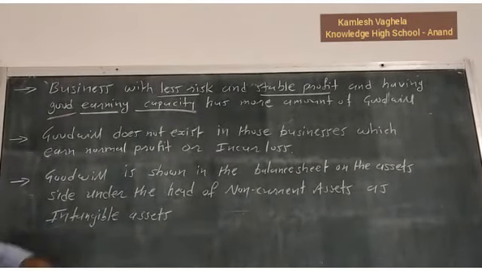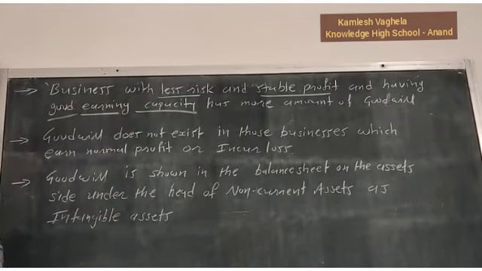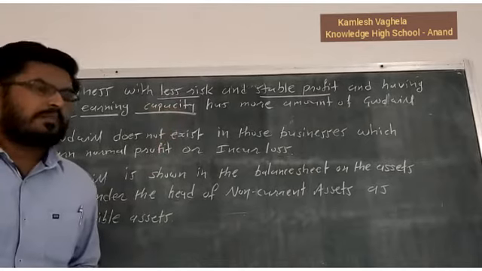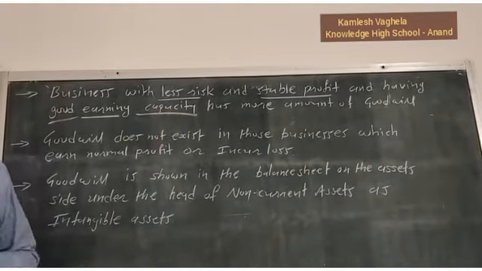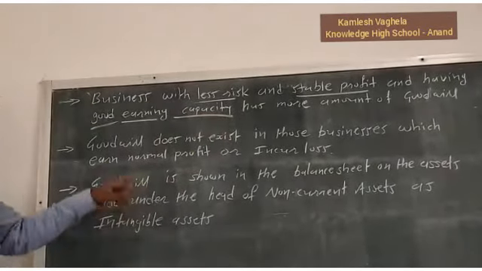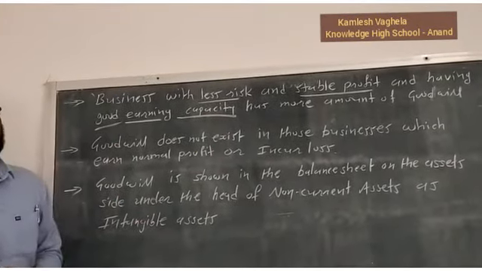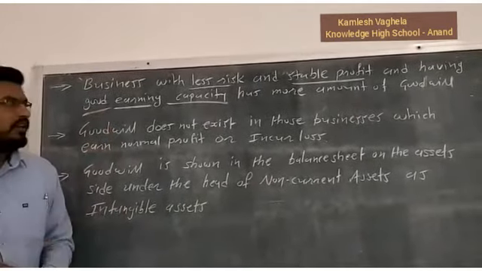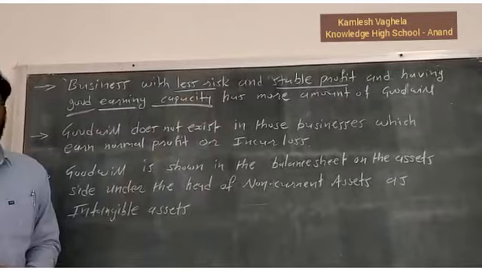So a business with less risk, यानी रिस्क कम है, जिस बिजनेस में रिस्क कम है, and stable profit means what? The business is always earning profit, that is stable, and having good earning capacity, यानी ज्यादा अच्छा पैसा कमाता हो, ज्यादा अच्छा प्रॉफिट जिसमें आता हो, has more amount of goodwill.